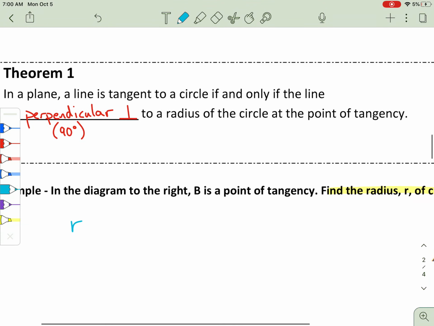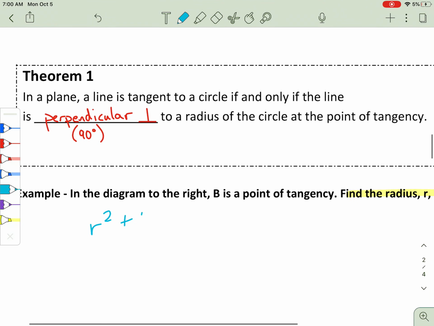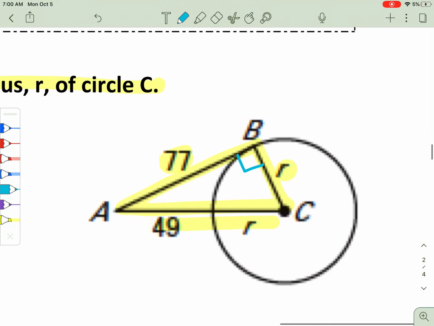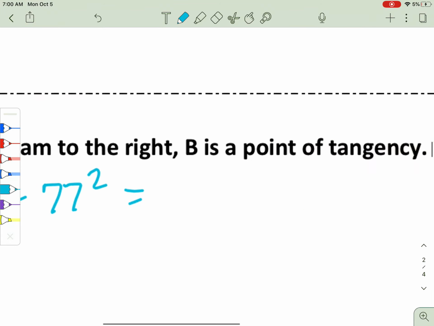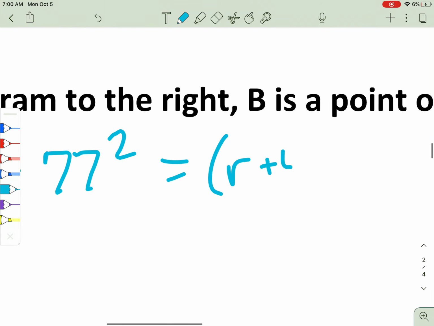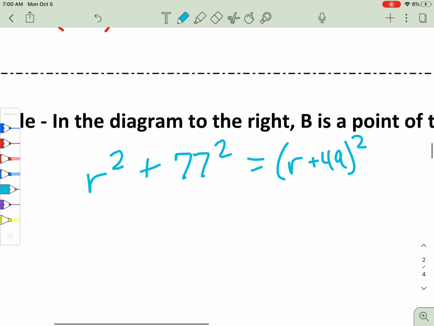So I have r squared plus 77 squared equals, and the hypotenuse is always across from the right angle, and it's always on the side by itself. So this is a distance of r plus 49, right? Let me grab my calculator here. 77 squared is 5929.